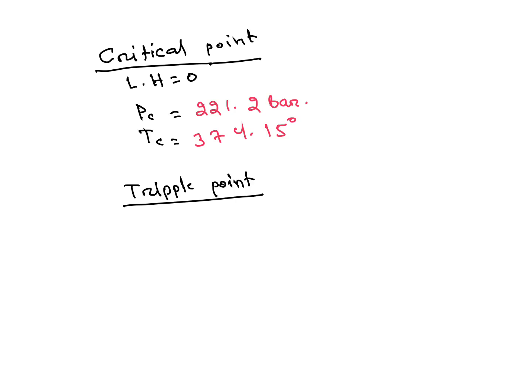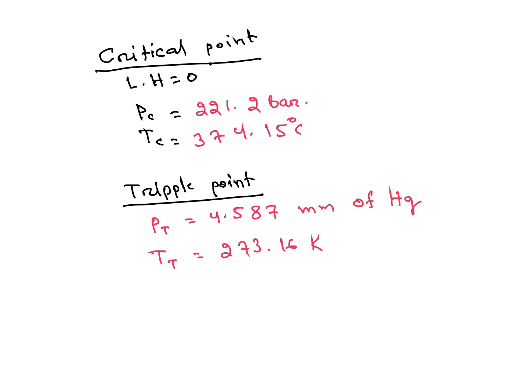For the triple point, pressure is 4.587 mm of Hg, mercury. Triple point temperature, this one they once asked in the ISRO examination. In the RRB examination also they asked this question, triple point temperature.